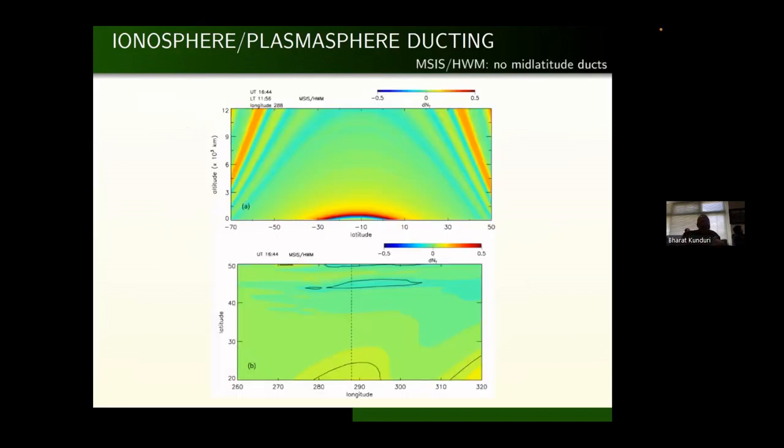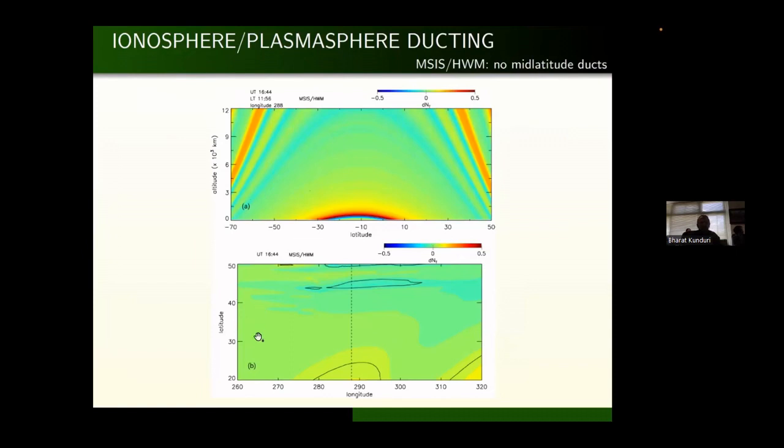This is for the empirical models. We see these ducts at high latitude. Again, this is associated with a high latitude convection pattern. And then there's something down here, which is associated with equatorial ionization anomaly. But at mid latitude, there's really nothing here.